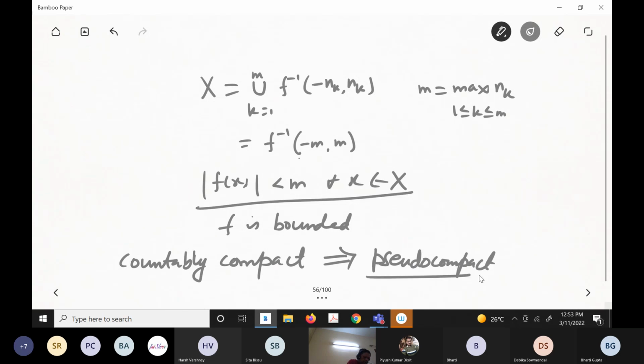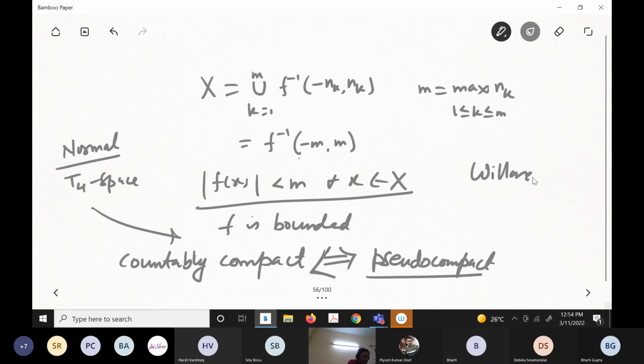But the good thing is that in a normal space, in particular T4, these two are the same. In Willard, you look at section 17, he has the problem. Sometimes it's enough to look at the problem.